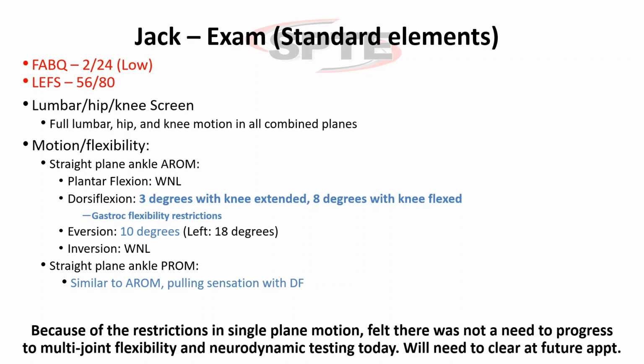So with our base examination, we identified some gross restrictions especially in dorsiflexion and eversion, which again, if we think of some of our other flexibility tests like the seated slump, if you're already restricted in one single plane, you're probably just going to be even further restricted when you wind up more structures.